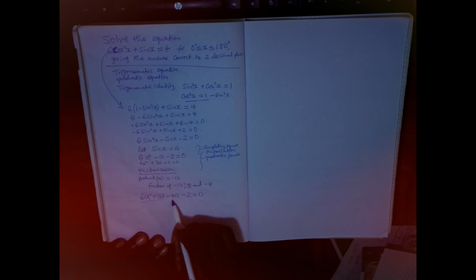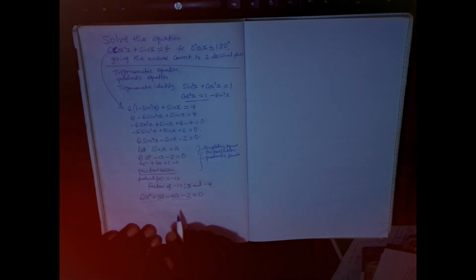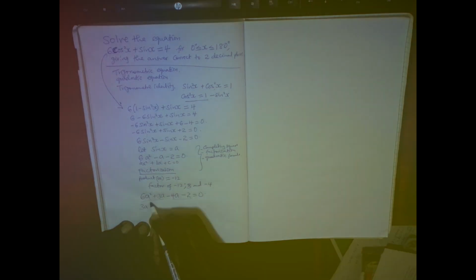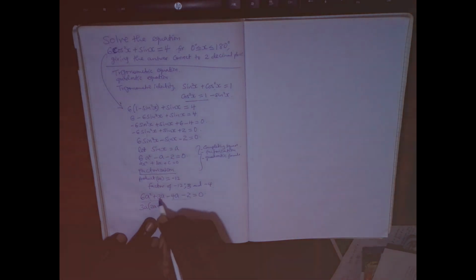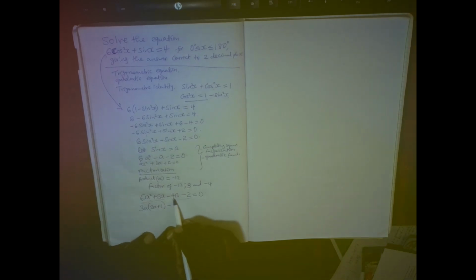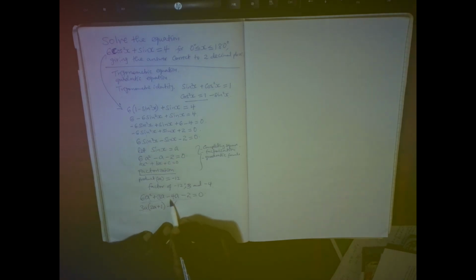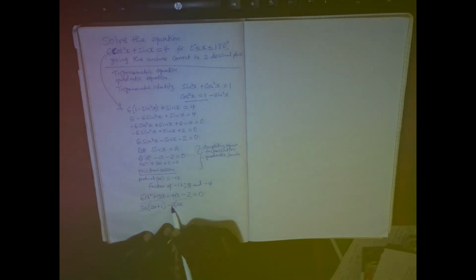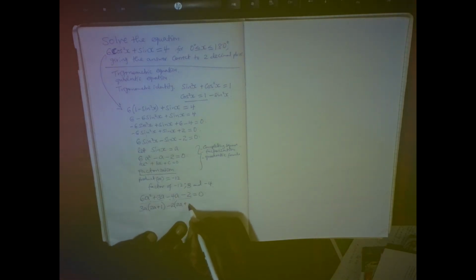Take into pairs and factor out what is common. 3a is common: 6a squared divided by 3a gives 2a, plus 3a divided by 3a gives 1. Then minus 4a minus 2, where minus 2 is common: minus 4a divided by minus 2 gives positive 2a, and minus 2 divided by minus 2 gives plus 1.